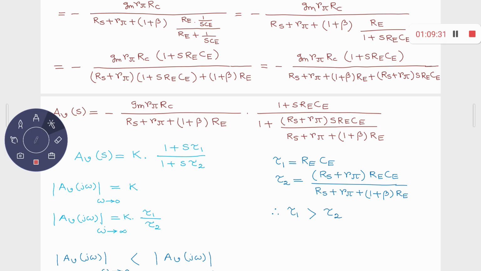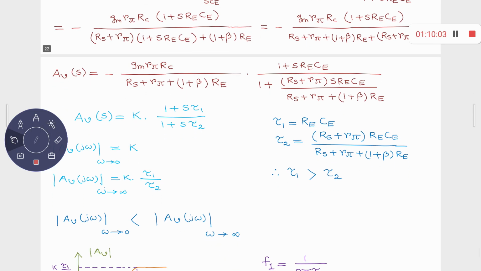Because tau 1 is given by RE times C, and tau 2 is given by RE times C multiplied with this factor, and obviously this factor is less than 1, because rs plus r pi is in the numerator and in the denominator you have rs plus r pi plus something. So tau 2 is less, tau 1 is more. Therefore at omega to infinity, the voltage gain is greater than the voltage gain at low frequency or zero frequency.